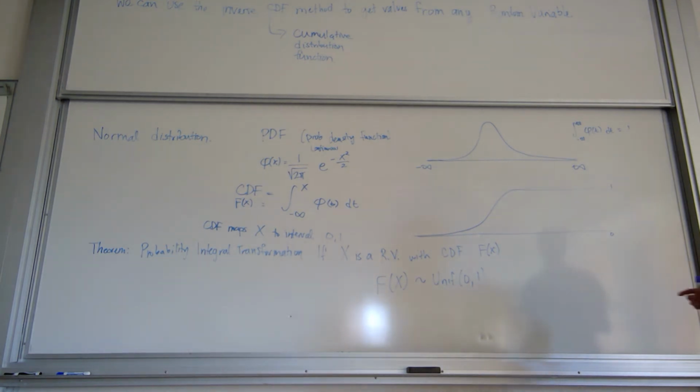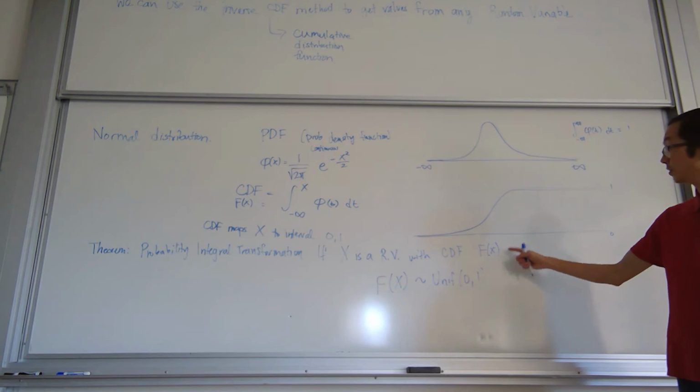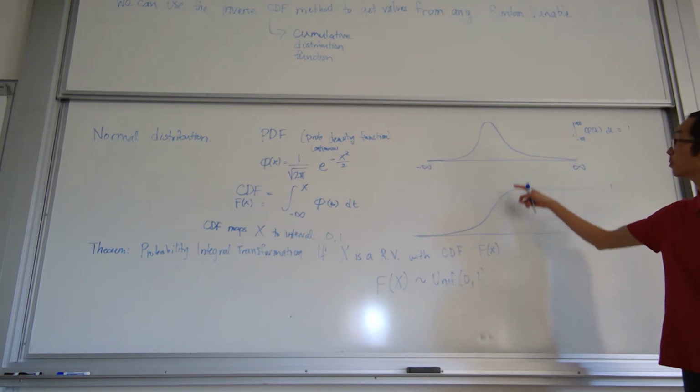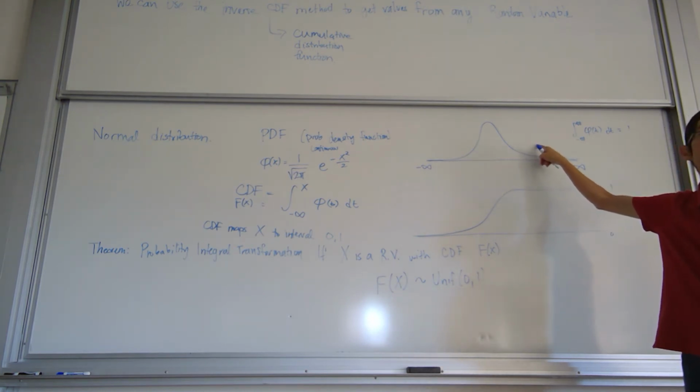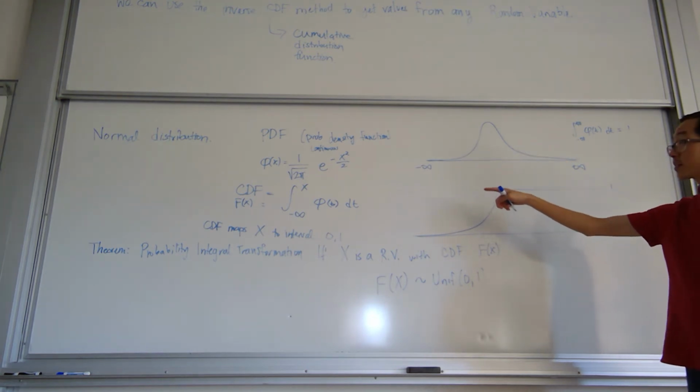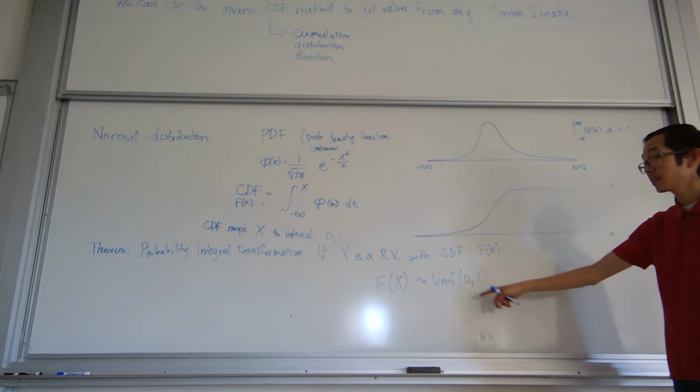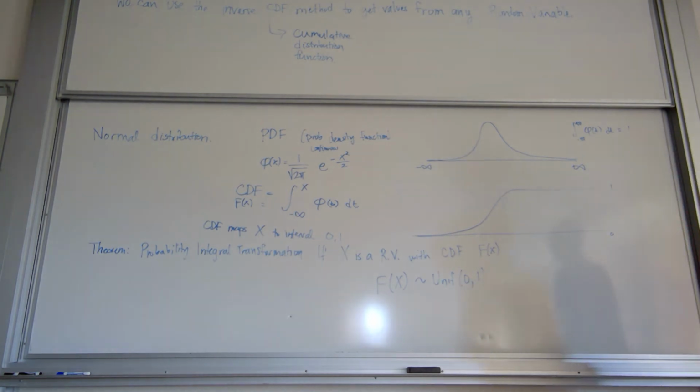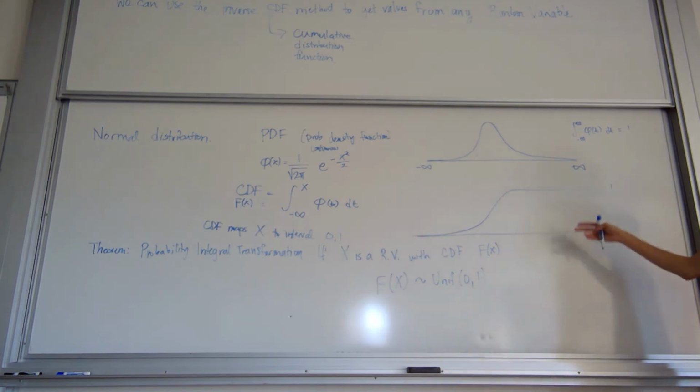Which basically says if you draw a random value of x from here and you plug it into the CDF, then F of x will produce values between 0 and 1, all with equal probability.